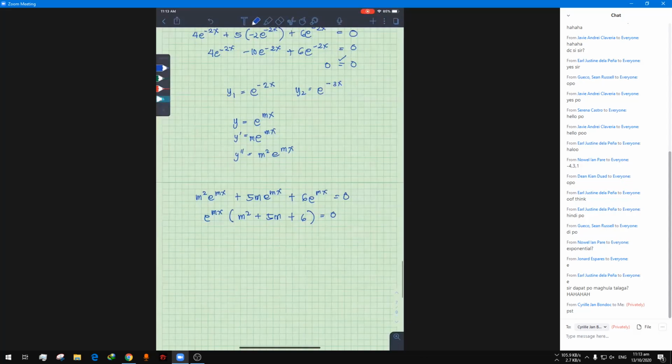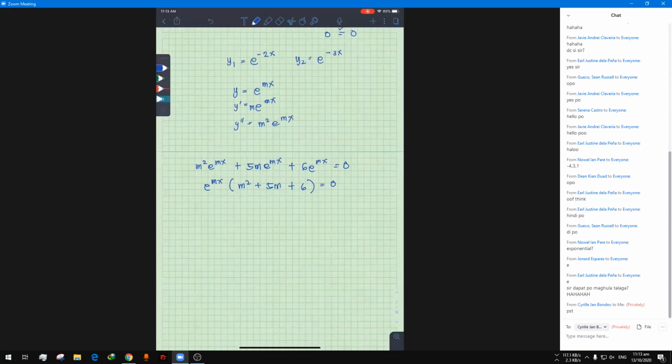So remember, yung m natin dito, that's the coefficient nung exponent natin. So since product na yan, we can make that m squared plus 5m plus 6 equal to 0. So we can factor this out para makuha natin yung m.